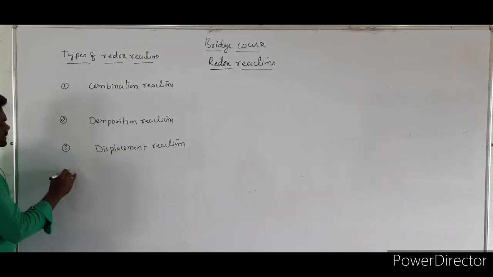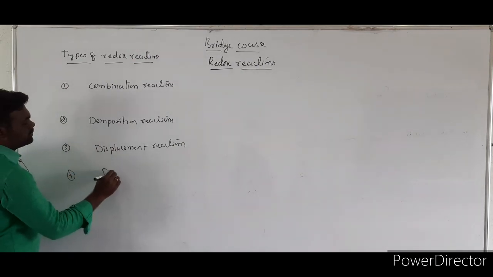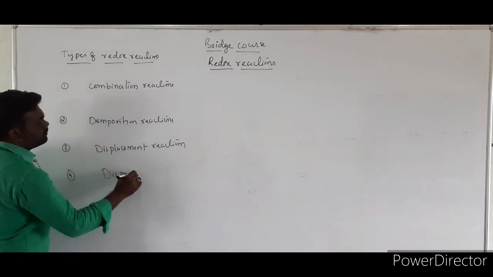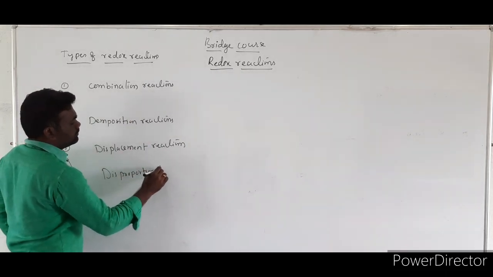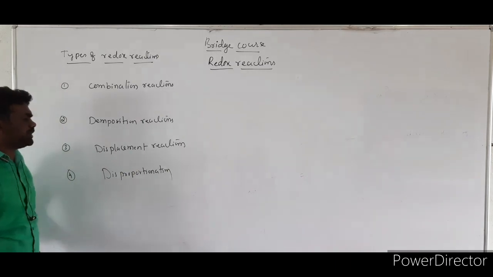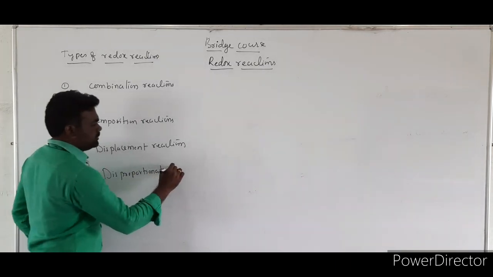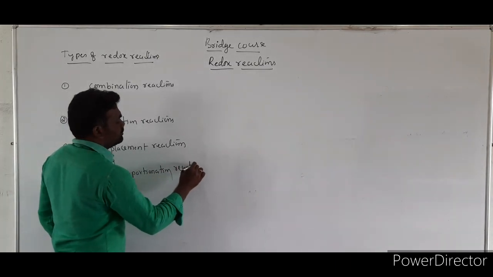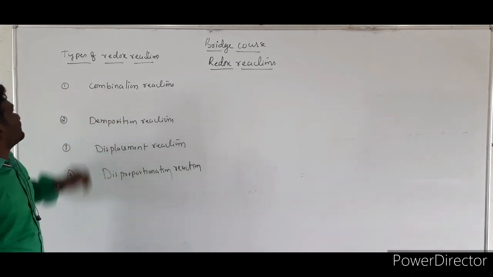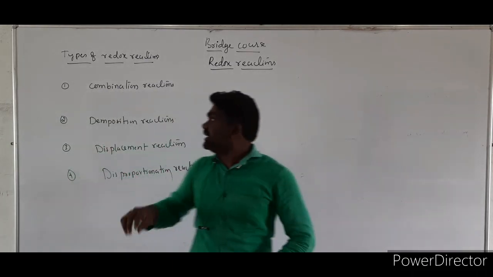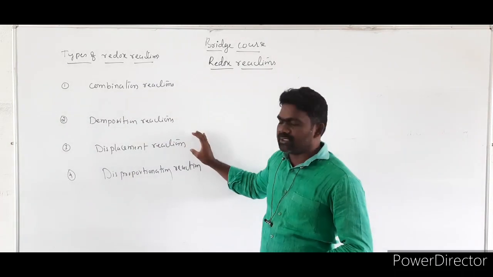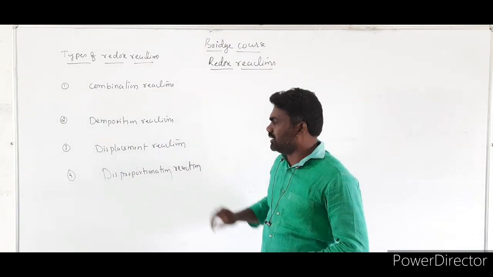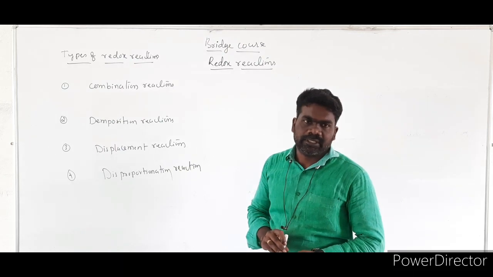And the fourth one is disproportionation reactions. So these are the types of redox reactions: combination reactions, decomposition reactions, displacement reactions, and disproportionation reactions.